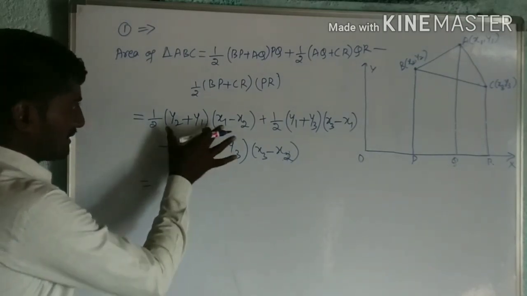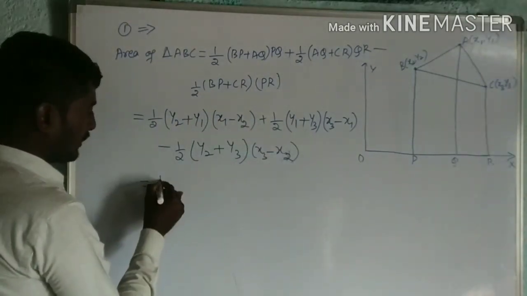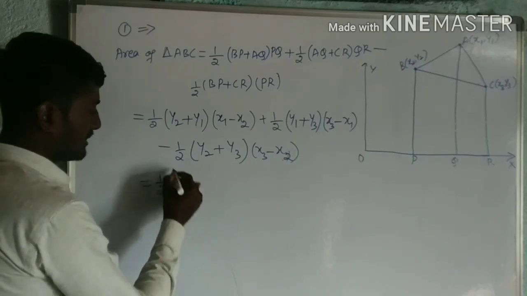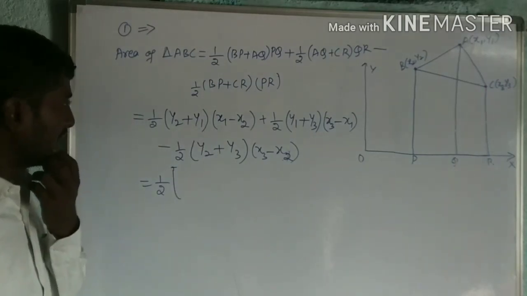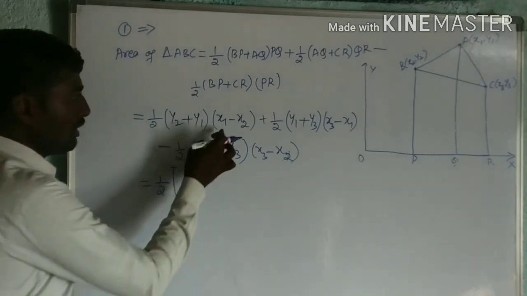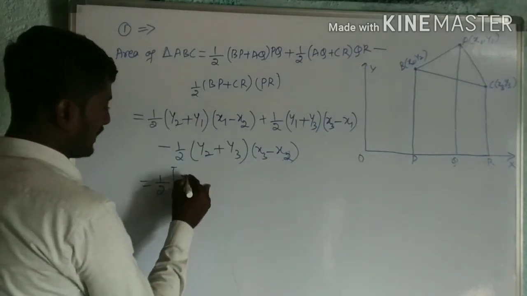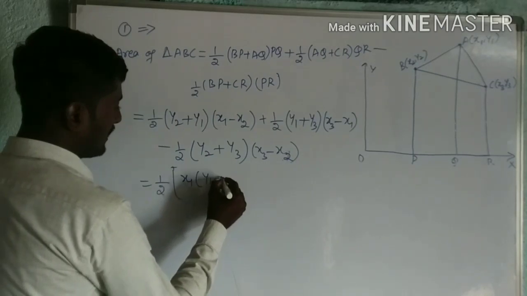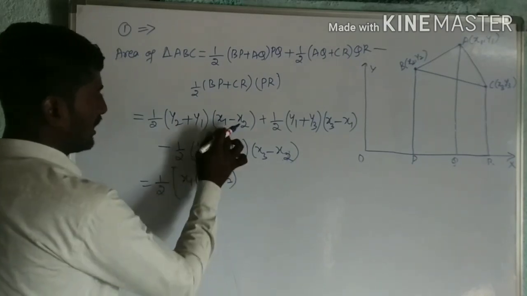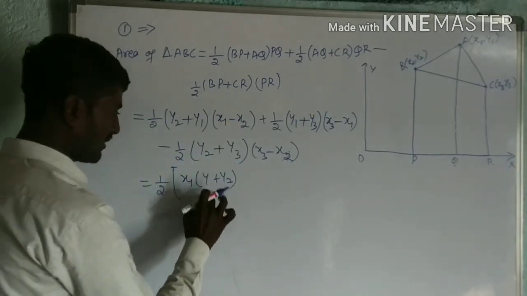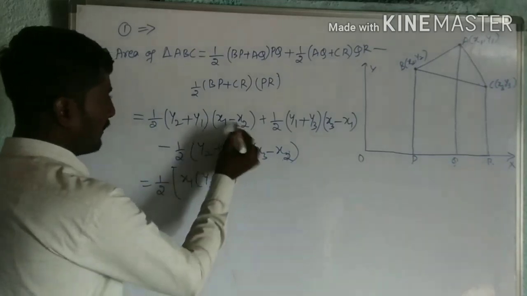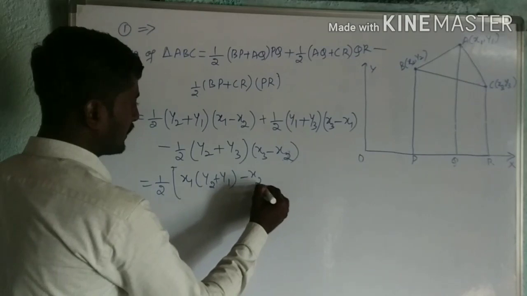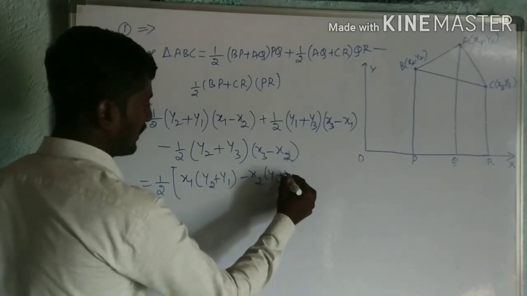So in all these three terms, 1 by 2 is there. I will take 1 by 2 common first. Inside, what will be there? Let us see. Now here, I will multiply x1 into y1 plus y2, or y2 plus y1, both are same. First I will write y2 plus y1 minus x2 into y2 plus y1.